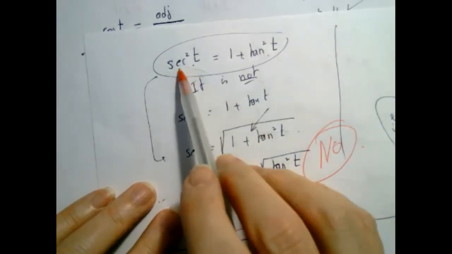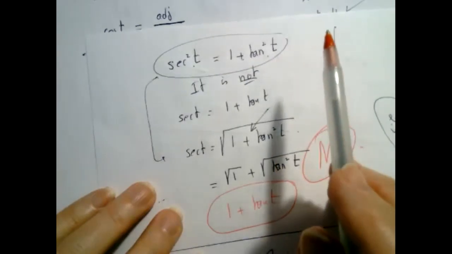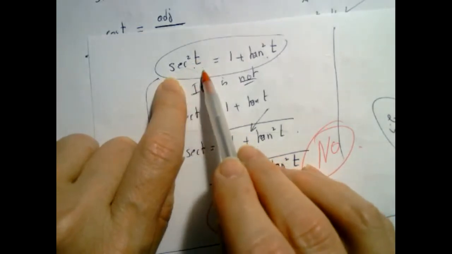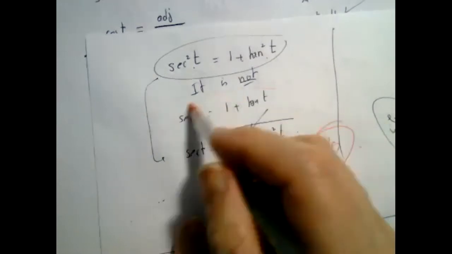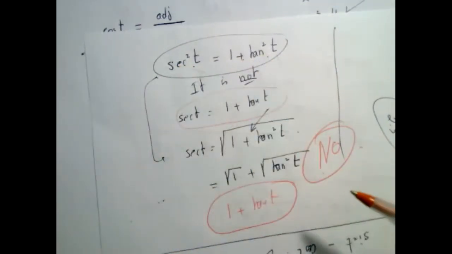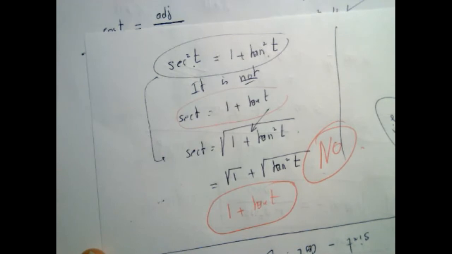What you have is secant square is 1 plus tangent square. So if you want to use it, it's all right, but you have to be careful. It's the secant square, which is 1 plus tangent square, not the secant. It's the square of that, which is 1 plus the tangent of t squared. And the reason is that you cannot split the square root. Okay, right?